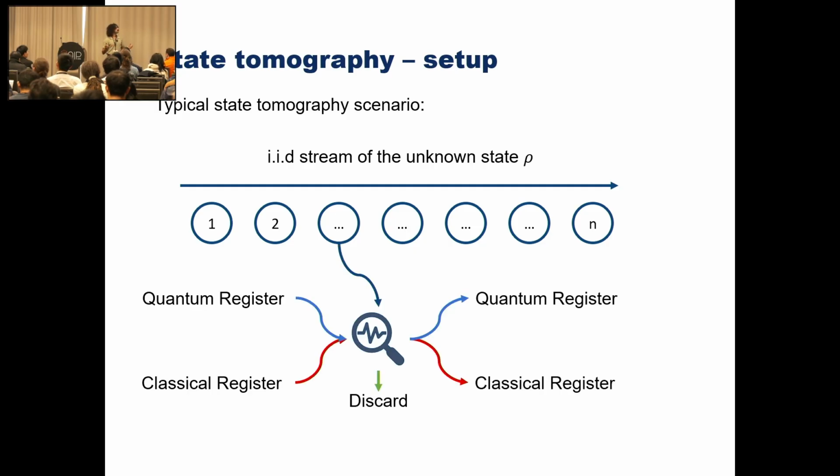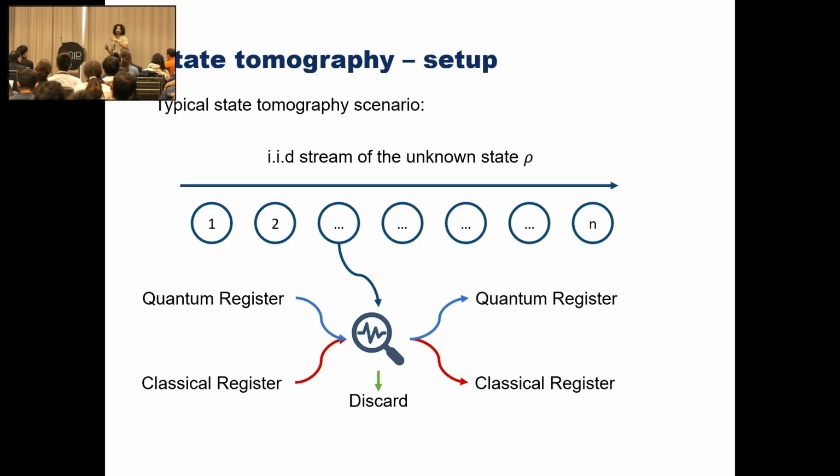The more general algorithm for quantum state tomography is as follows. During every round of the algorithm, you will receive a quantum state, say round i. You will then add that state to some existing quantum memory that you have.